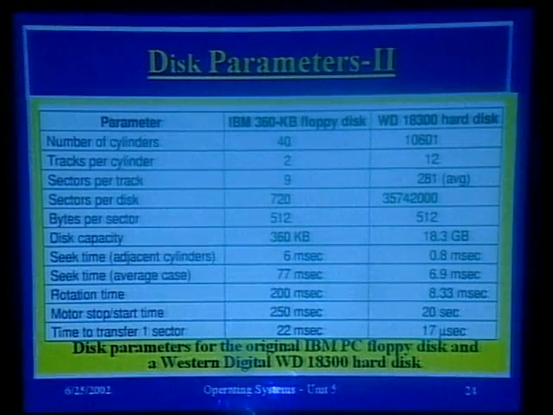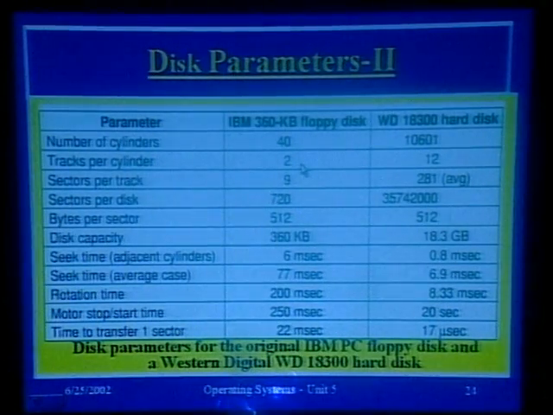I would like to show you a comparison of a primitive kind of floppy disk and a high-speed disk drive from Western Digital. We see here various disk parameters: the IBM 360 KB floppy disk and the Western Digital 8300 hard disk. The number of cylinders is 40 here, and here we see 10,601.